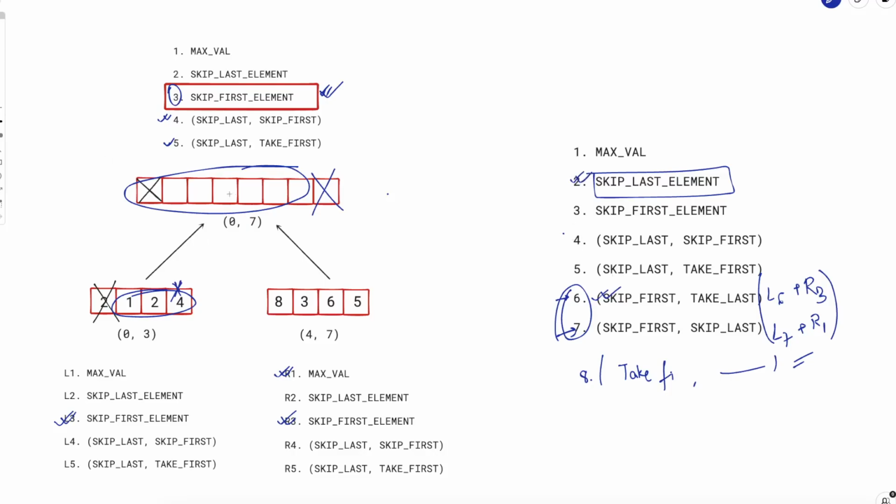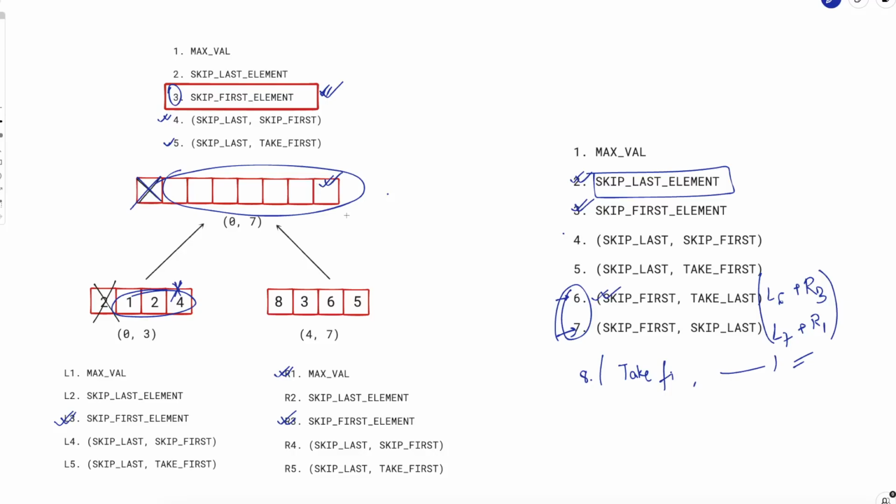In a similar fashion, if you want to compute skip first element, which is the maximum subsequent sum if I want to skip this element, that is simply the maximum subsequent sum if I skip this element, and the maximum subsequent sum if I take this element. If I take the maximum across these two things, you will get this complete value.